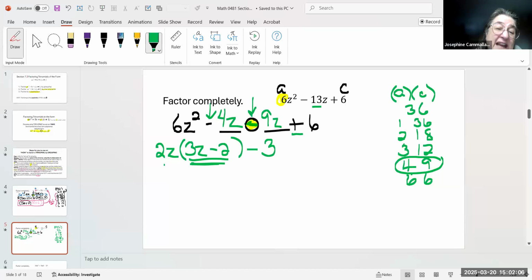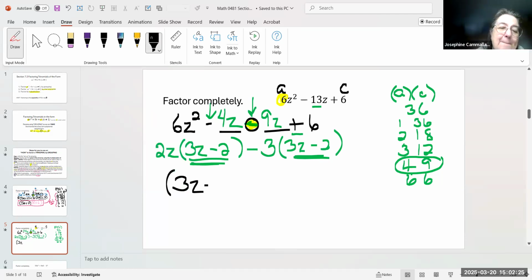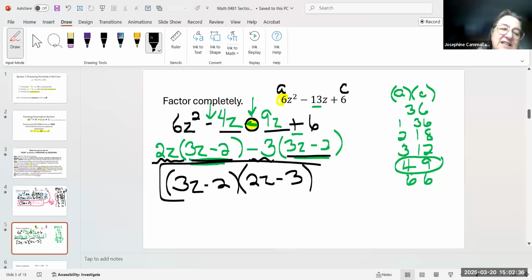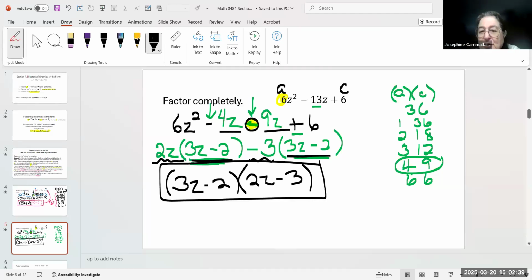Well, that means I'm dividing over here by a negative 3 GCF, which is 3z minus 2. Do you notice that my 2 parentheses have got to be the same? Which gives me the answer of 3z minus 2. These were the same, but what's left is 2z minus 3. This is my answer factor. I took a trinomial and I made it into 2 binomials.